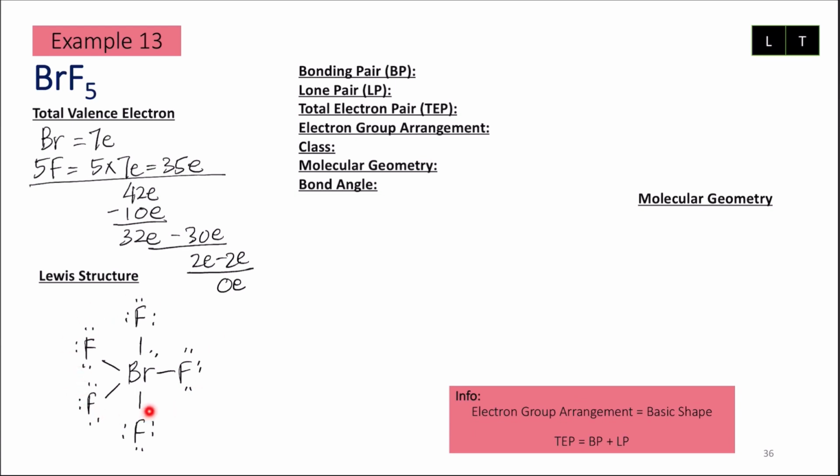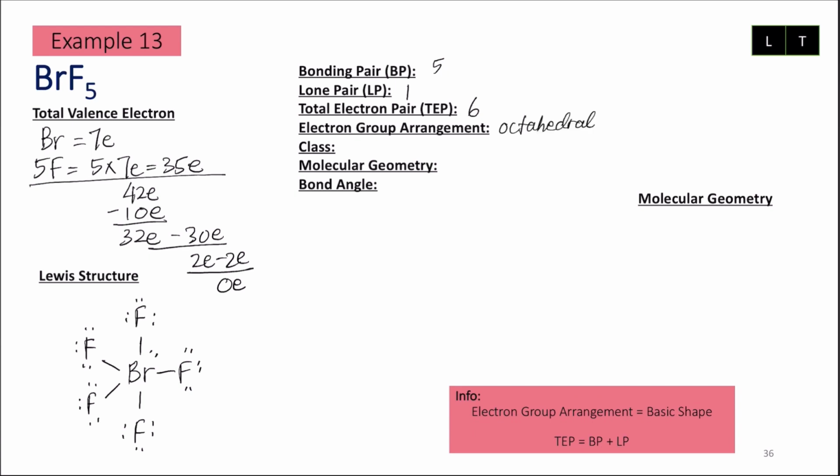Now, we are going to determine the molecular geometry by calculating their bonding pairs. So around Br, we only look at the central atom. Around Br, we have 5 bonding pairs and we got 1 lone pair here. So the total electron pair should be 6. So when it is 6, the basic shape is octahedral.